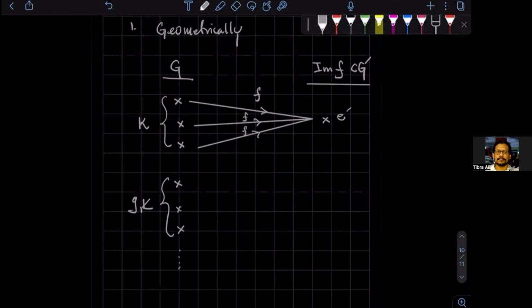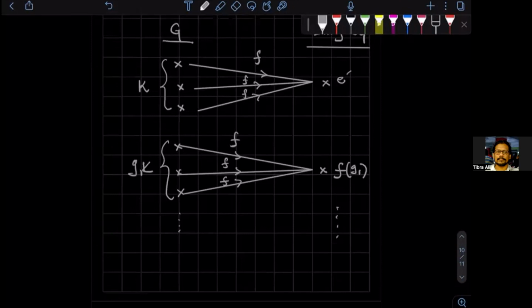So similarly, all these elements over here, that is the whole coset G1 of K, get mapped onto one element in G prime, the image of F, which is F of G1.